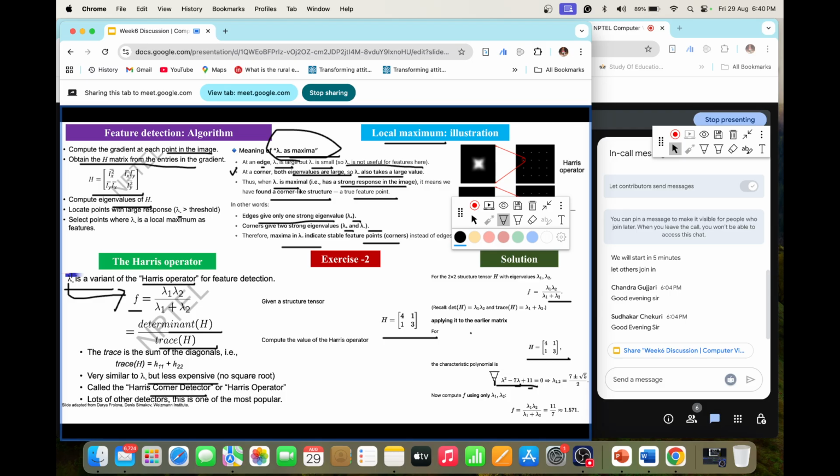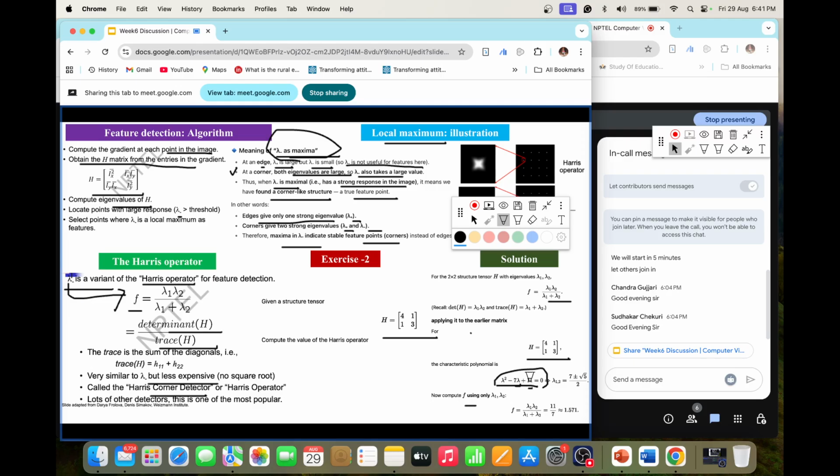As we get the characteristic equation, we have to find f, which is lambda 1 into lambda 2 by lambda 1 plus lambda 2. How can the f operator be found? If we see our characteristic equation, the multiplication of the two roots will be given by c by a.